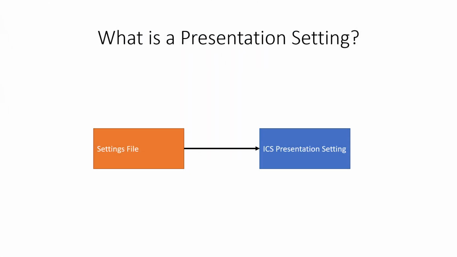What is a presentation setting? A presentation setting specifies which InterPlot settings file or files will be used, if any, to create your renditions. And as we know, InterPlot settings files can define such things as plot area, size, scale, rotation, pin tables, design scripts, and so on.